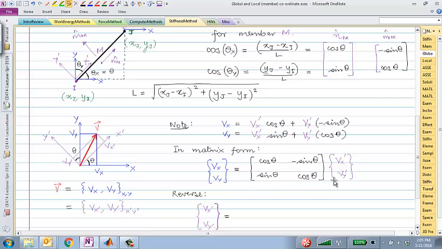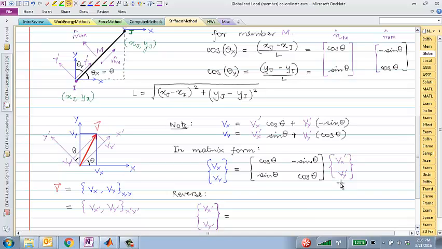Now, here's a question. If I want to find the inverse relationship, meaning if I know the global coordinate components of a vector, how can I find the local components? How would I do that? Looking at this relationship, if you tell me what theta is, then just by geometry, I know what cosine theta and sine theta are. I'll just take this matrix, multiply it with the local vector, and I'll get the global components, right?